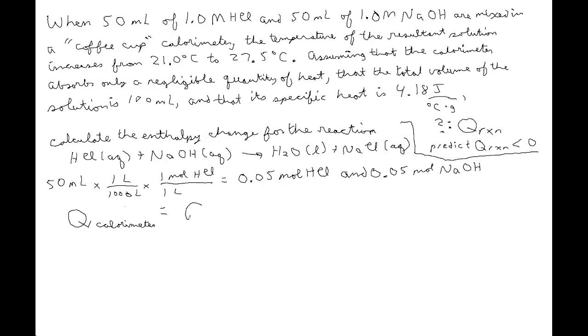Oops, not 4.18. Well, we can't figure out Q for the calorimeter because I think I left out some information. Not the specific heat, but the heat capacity of the calorimeter. However, we do have a change in temperature. Sorry, I left out some information. So let's see here. We've got total volume. Rats, I left something out.